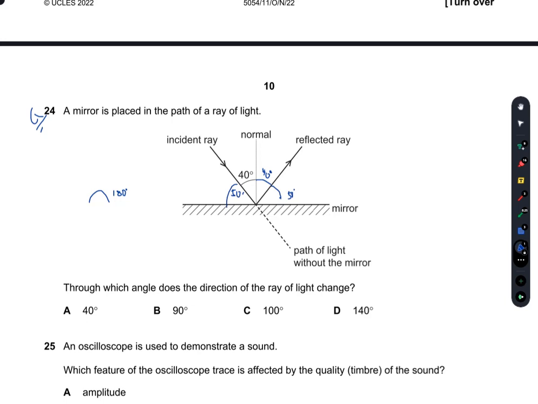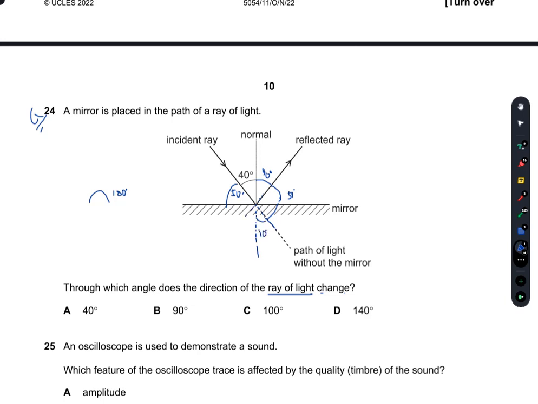So now he has asked us through which angle the direction of the ray of light travel changes. Now if you see here, this light ray should have gone like this, but now it has moved on this track. So I have to find the change in this angle here. If I also construct a normal on the inner side of the mirror, then this angle would be equal to 40.